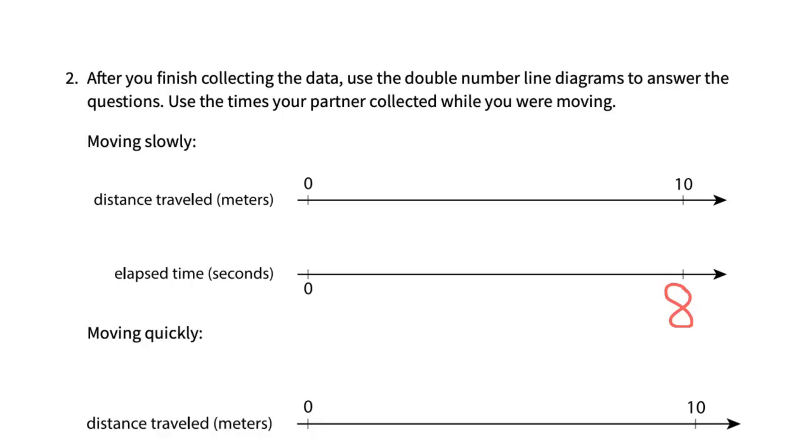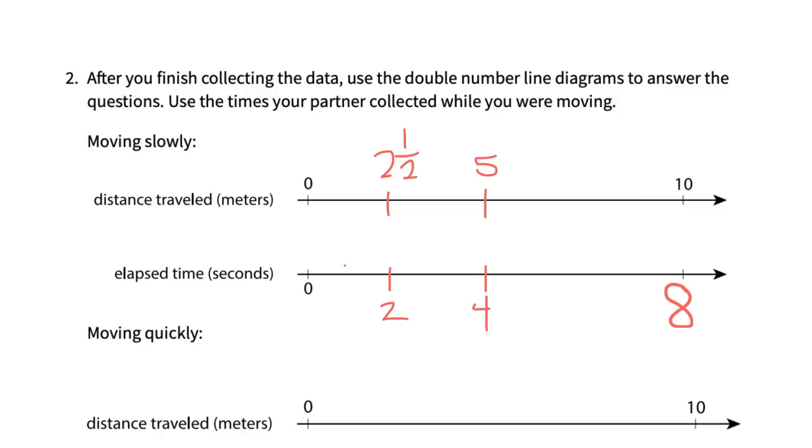So I like that cutting in half until it doesn't make sense anymore idea. So I'm going to cut my seconds in half to get 4, which means my distance will be cut in half to give me 5. I'm going to cut my time in half again, which gives me 2, which cuts my distance in half, so I get 2.5.